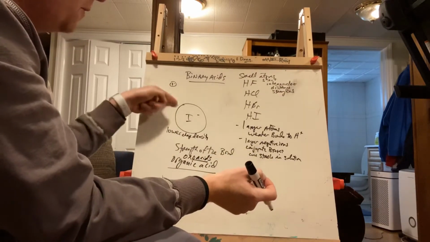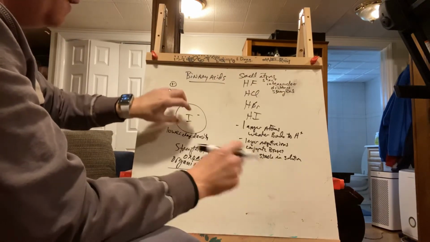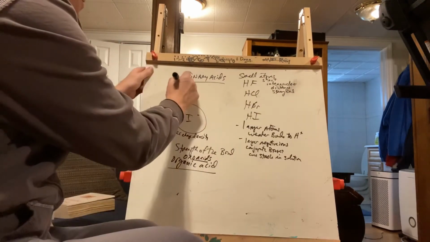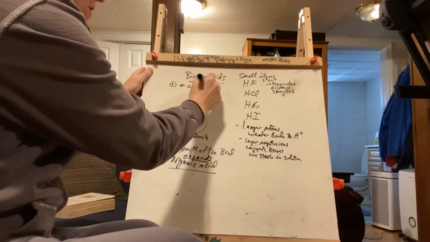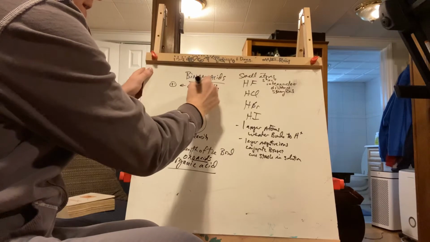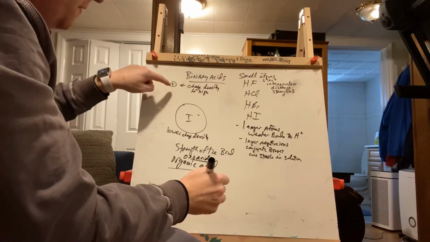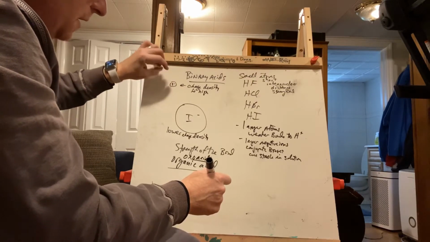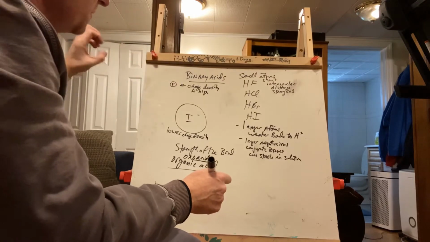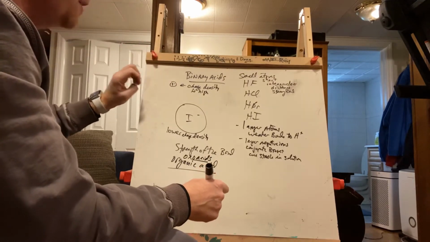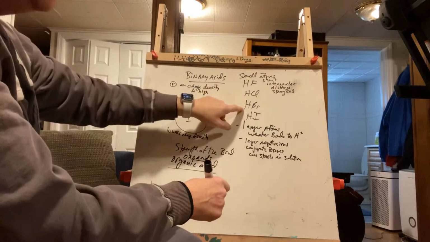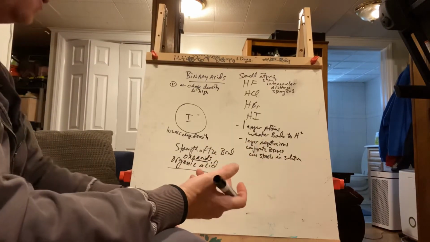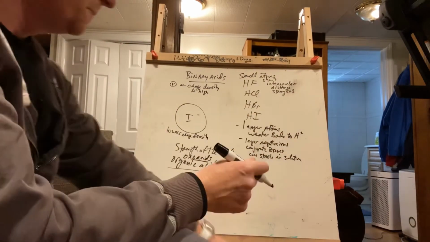Where would the H plus attract to if the negative charge is so big and diffuse? Whereas in F minus, the charge density is really high, so the negative charge is really tiny and easy to pick out, and an H plus will pop on there real easily. The Cl, the Br, and the I ions tend to be really stable in aqueous solution because their charge density is so low. The charge is so diffuse.